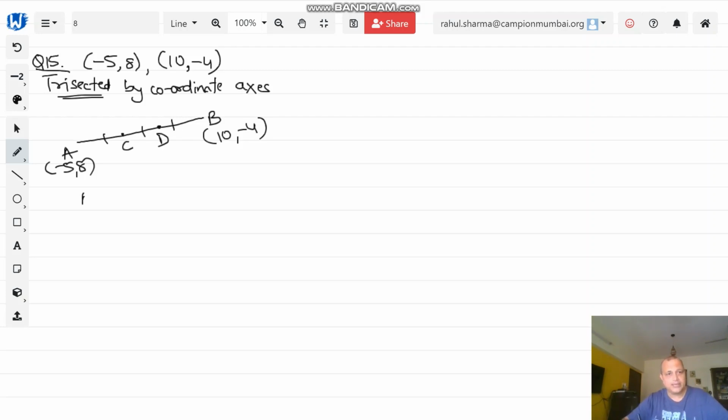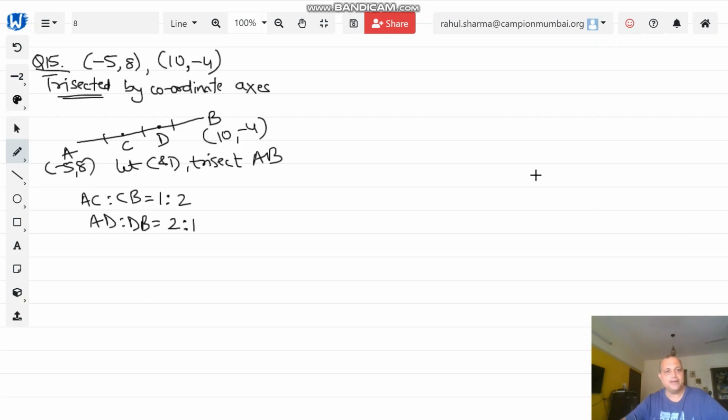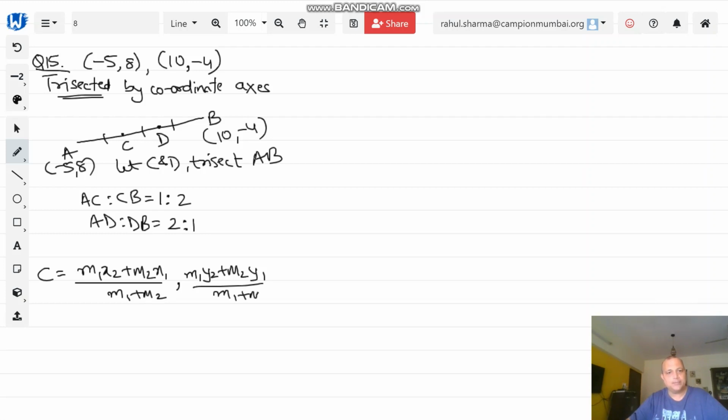If I am looking at AC is to CB is 1 is to 2 and AD is to DB is equal to 2 is to 1. So let C and D trisect AB. Now let's try and find the coordinates of C and D. So C would be equal to m1x2 plus m2x1 upon m1 plus m2, and same for the y-axis, m1y2 plus m2y1 upon m1 plus m2.